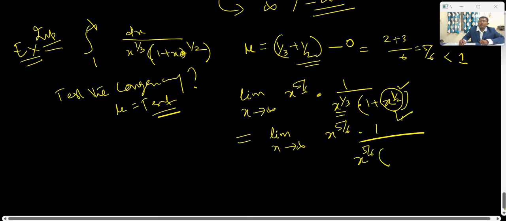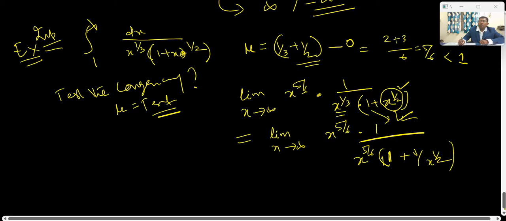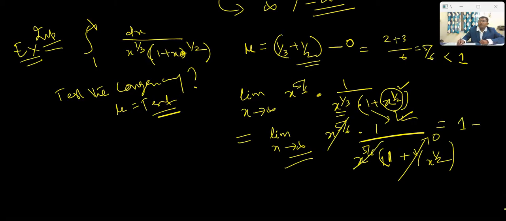Now this becomes 1 and this becomes 1 by x to the power half. As x tends to infinity, 1 by x tends to 0. This and this cancel, so this will give you 1. This is your a, and it is not equal to 0.